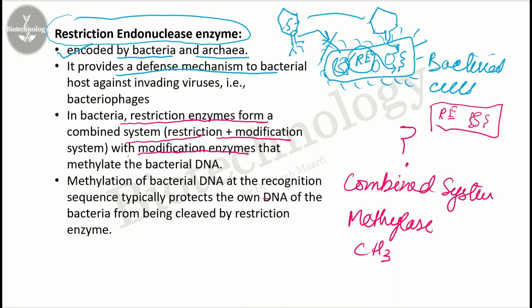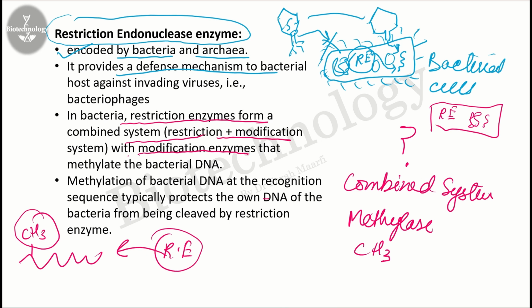So as soon as the bacterial DNA gets methylated and is recognized by the restriction enzyme, due to the presence of this methyl group on the DNA molecule, the restriction enzyme thinks it is its own DNA. So it inhibits its cleavage. It does not proceed with the process of hydrolysis.